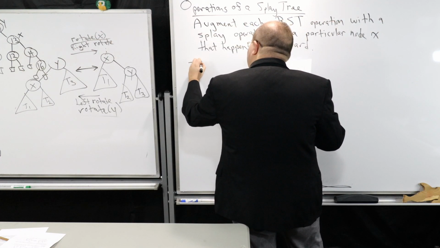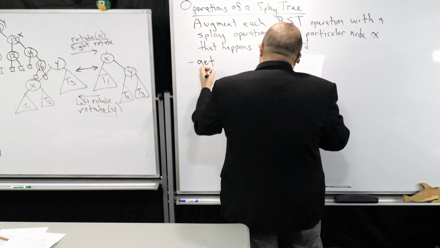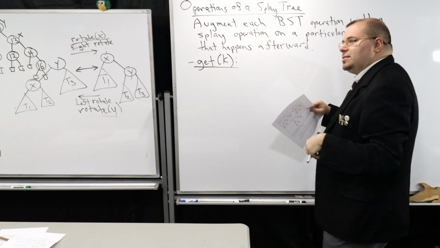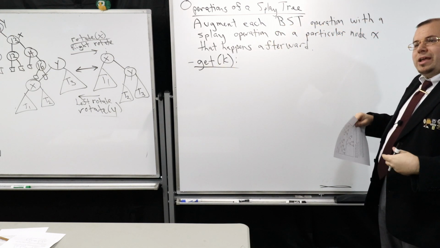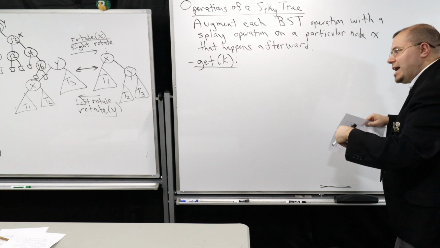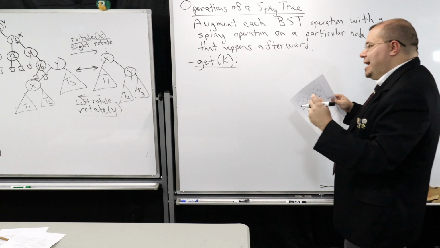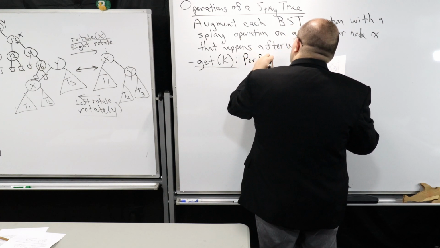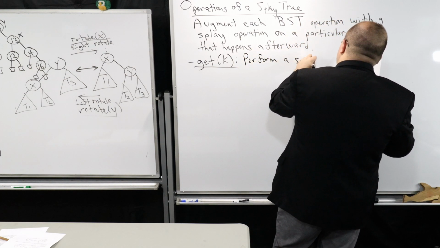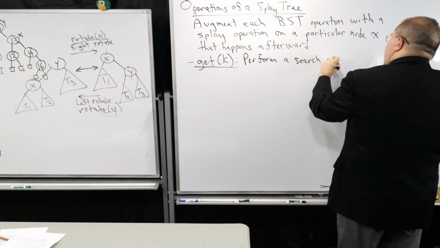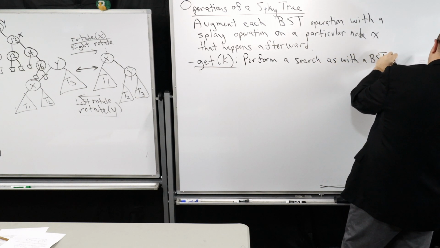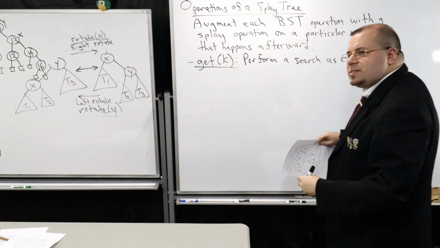If I give you a get operation, this is just search. If I give you some key and I want to know if a given record with key K is in the tree, that's what get does. So you just perform a search as with a binary search tree. There are two possibilities.